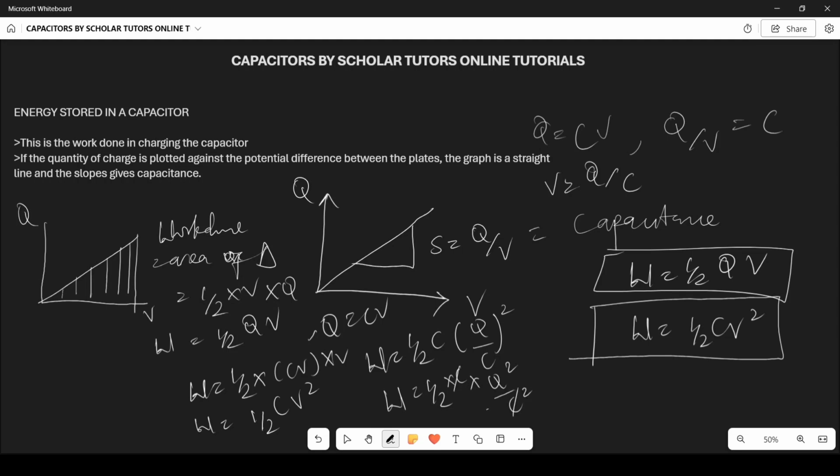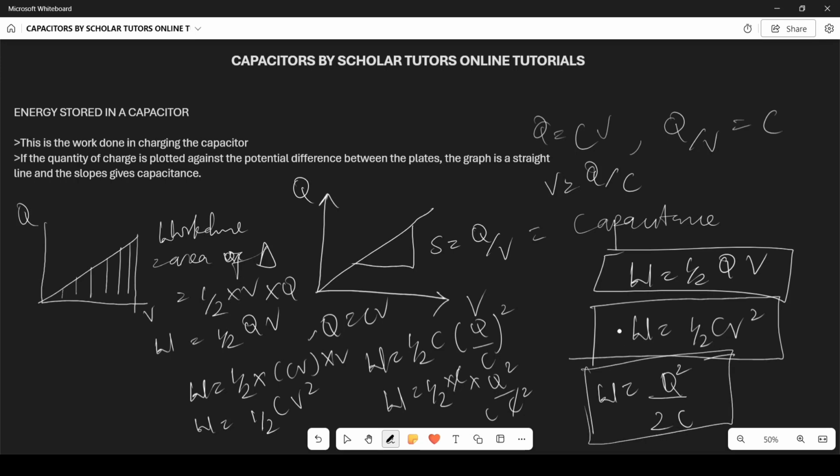C will cancel one of the C. So we have W is equal to Q squared over 2C. W is equal to Q squared over 2C.